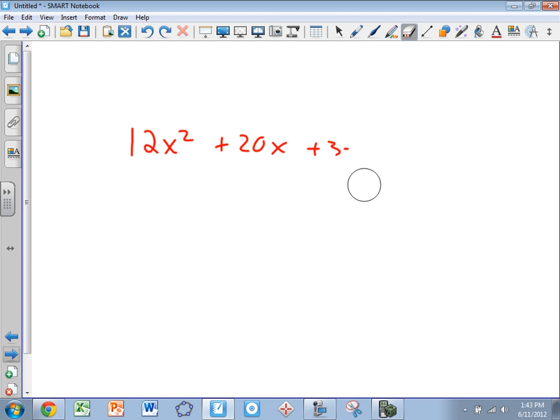All right, what about this problem here? Now, the problem does not say find the roots, so you can't just find the roots. You can use the root formula, because you'll get the roots, but you won't get the factors. So you use the AC method.